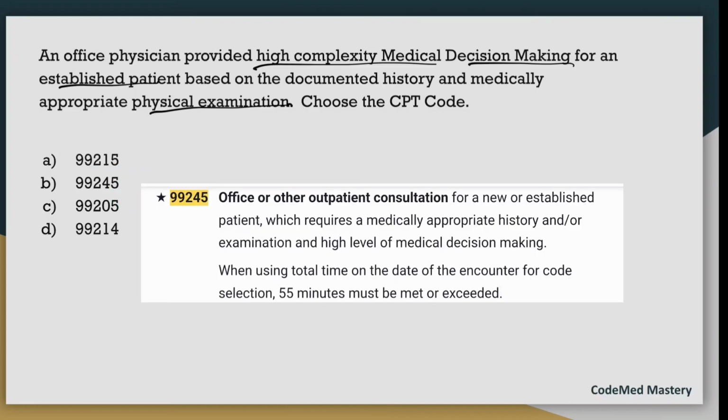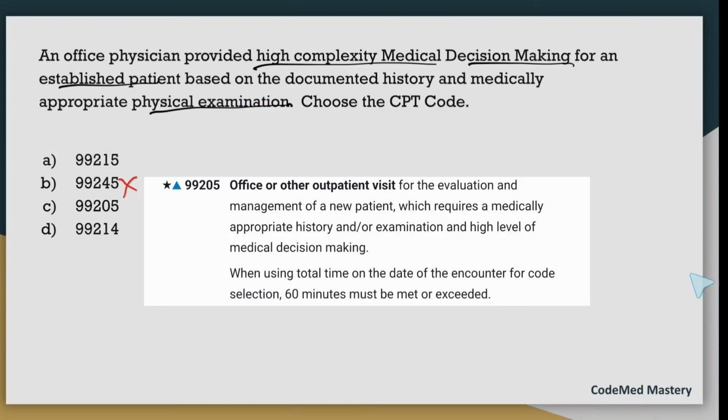Check option B, 99245. 99245 is for office or outpatient consultation for new or established patients. So it is a consultation code. In our case, there is only an outpatient visit. It is not a consultation code. So we'll eliminate option B. Coming to option C, 99205. 99205 is for office or outpatient visit for E&M of a new patient. But in our case, the patient is established.